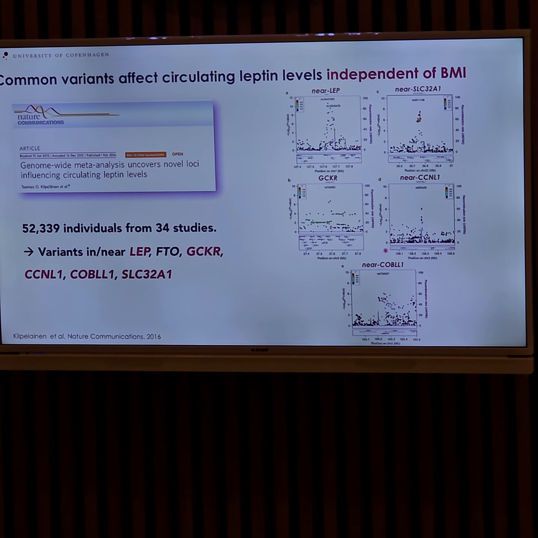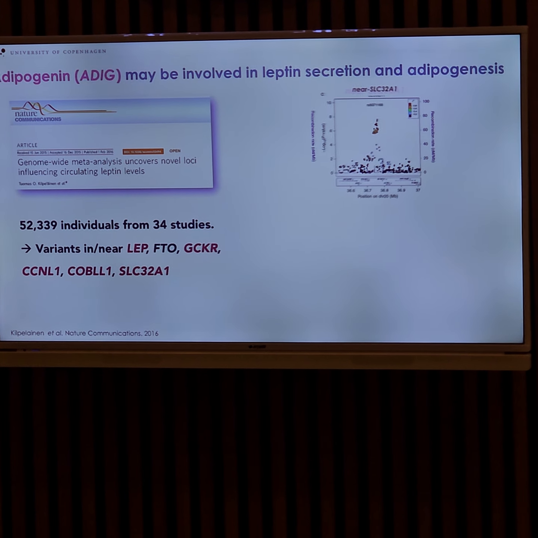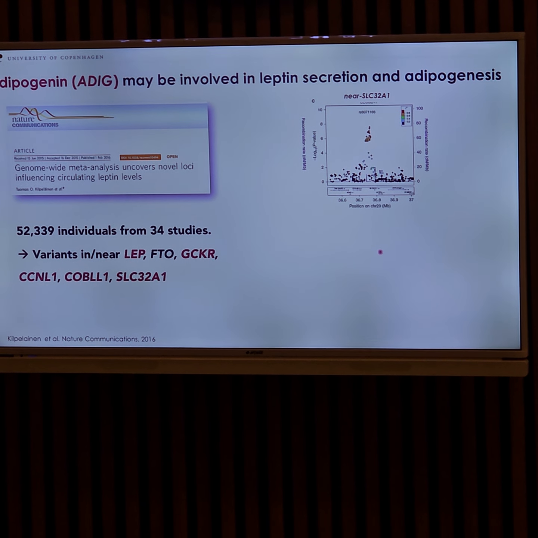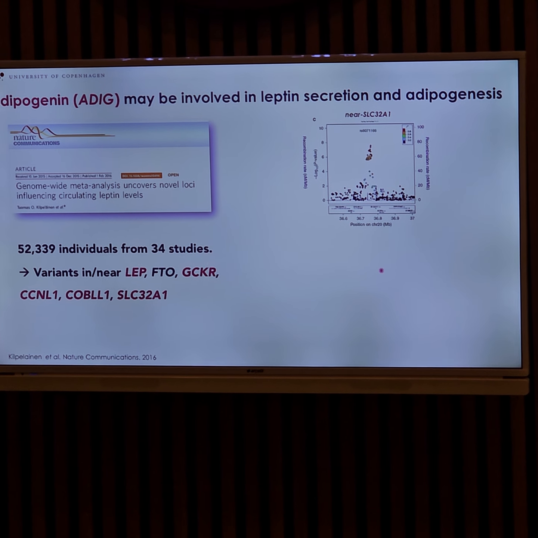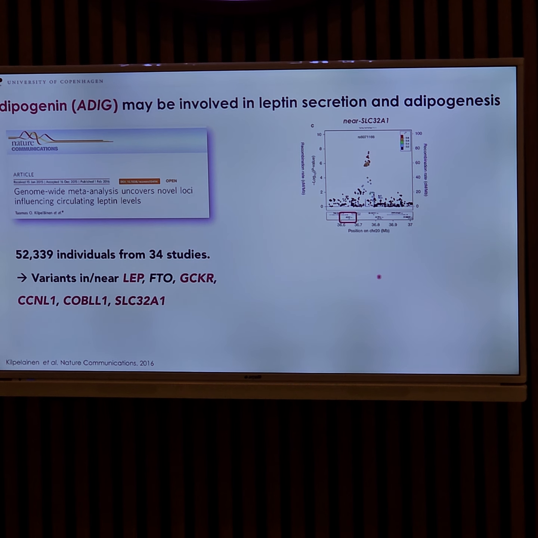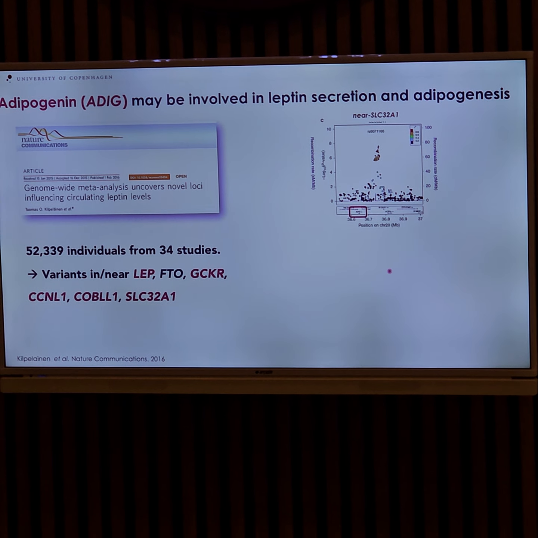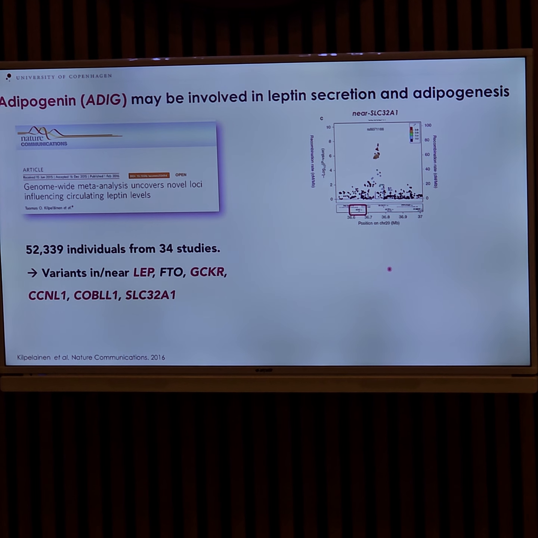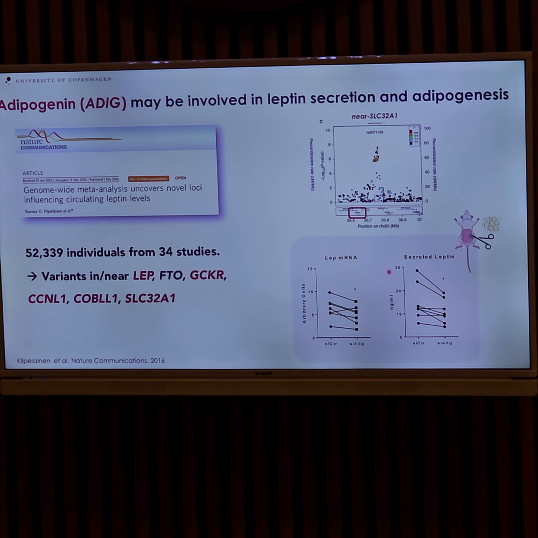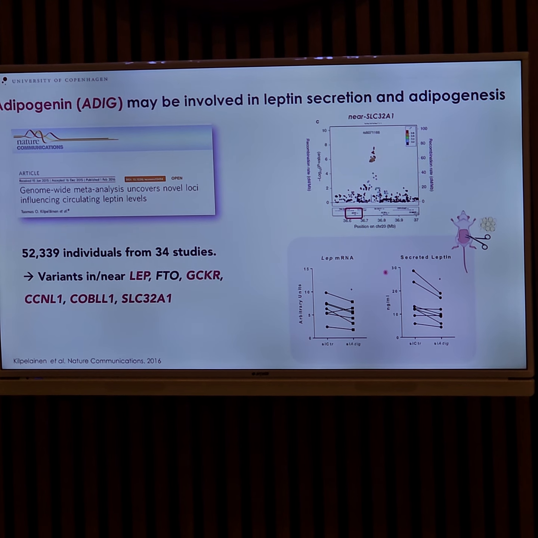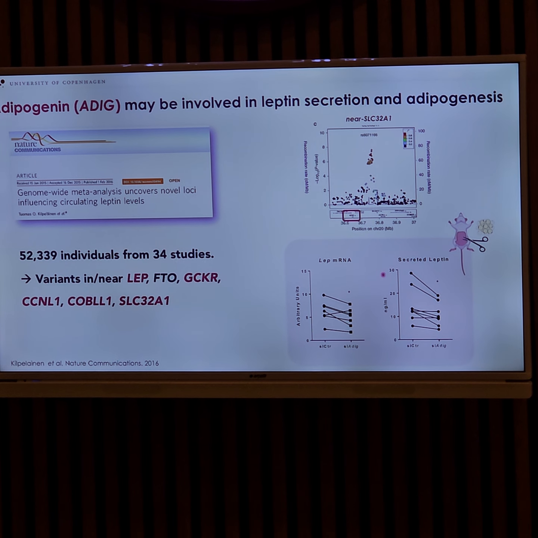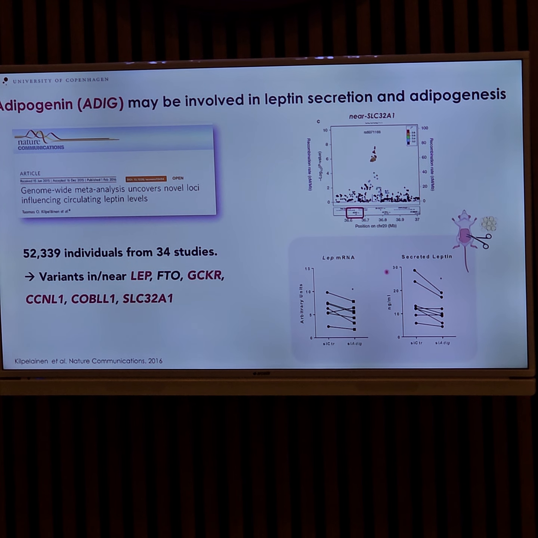The first one is SLC32, where we do not think that it is SLC32 that is the causal gene, but this gene nearby, ADIG, which stands for adipogenin. Indeed, if we knock down adipogenin in this explant system, then we see that the leptin expression is down and the leptin secretion is down.